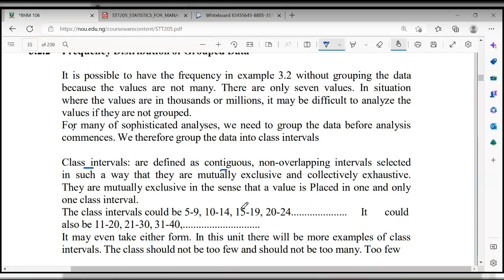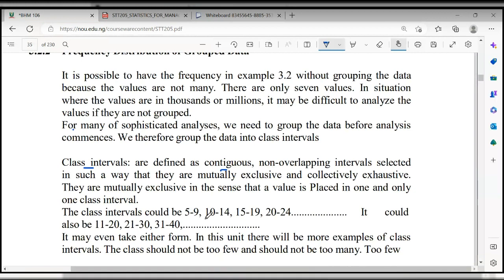A value is placed in one and only one class interval. The class intervals could be 5 to 9, 10 to 14, 15 to 19, like that. It could also be 11 to 20, 21 to 30, 31 to 40, and so on. It may even take either form.